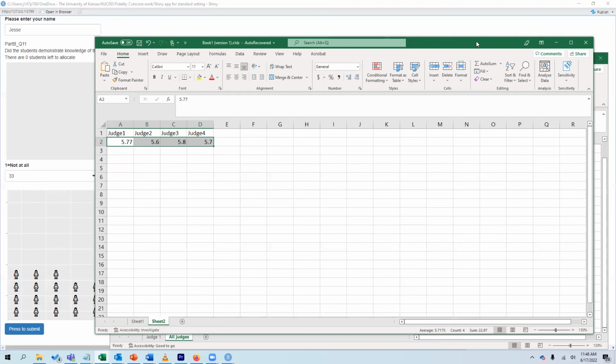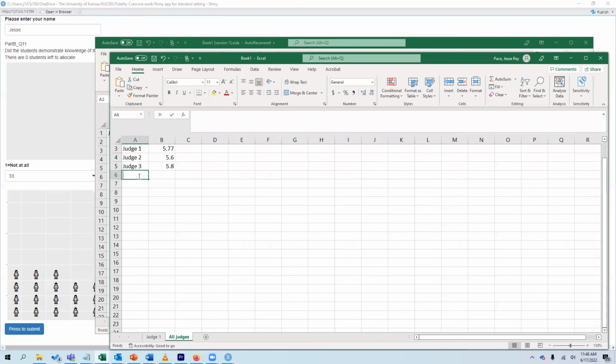And once we've gone through a couple of rounds, and hopefully these things coalesce or come to agree at least relatively closely, that will become the cut score for that domain. That'll become our recommendation for the cut score for that domain. And then we'll move on to the next domain. And that's what we're going to set out to do.